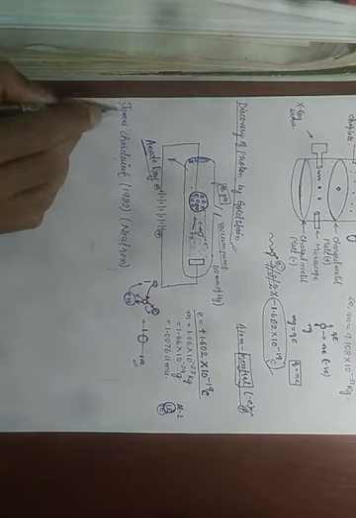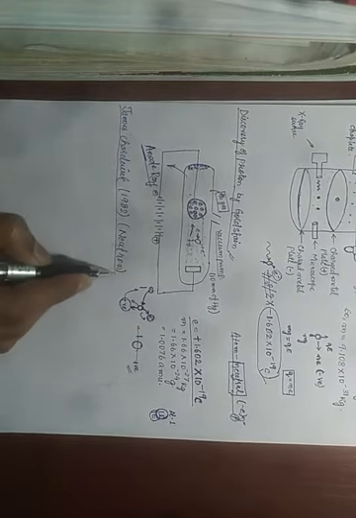Okay, so what was his experiment? We will see that. James Chadwick discovered neutron.